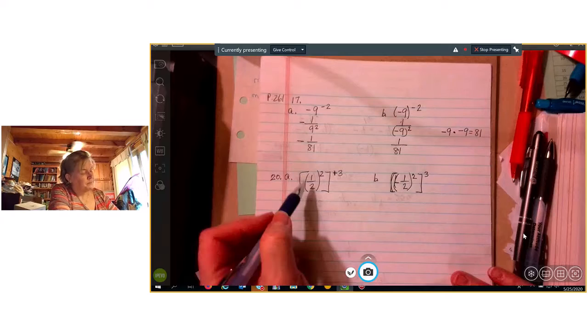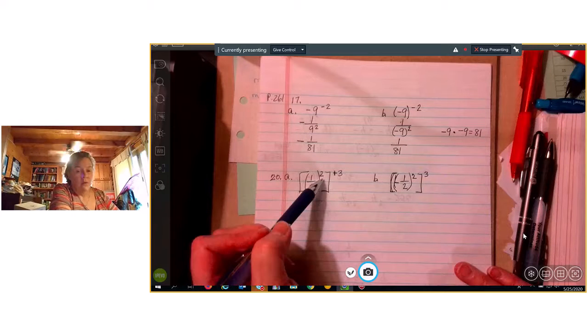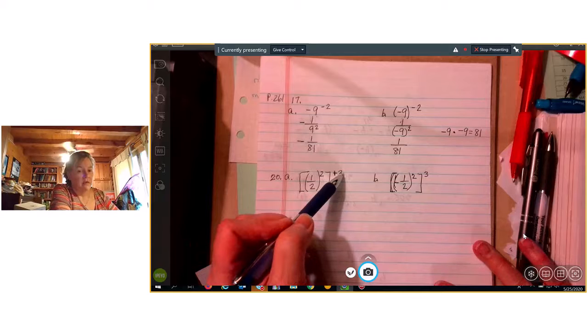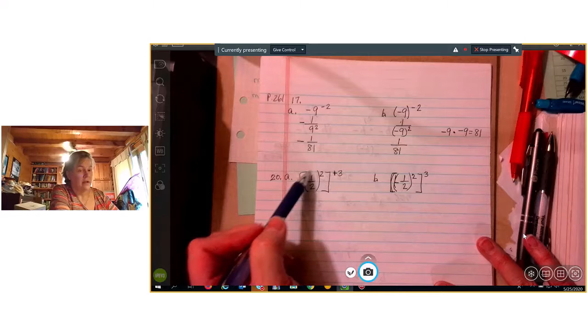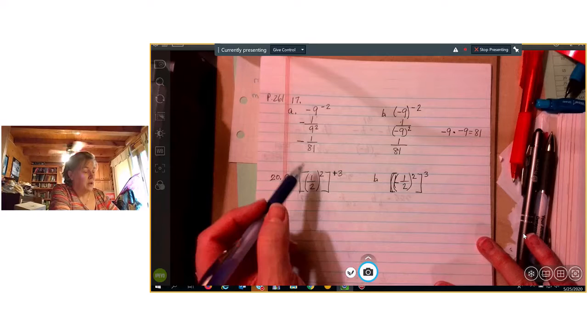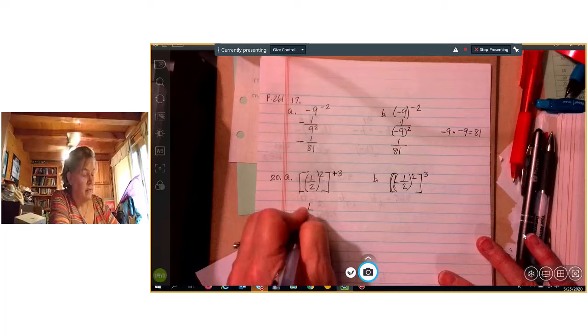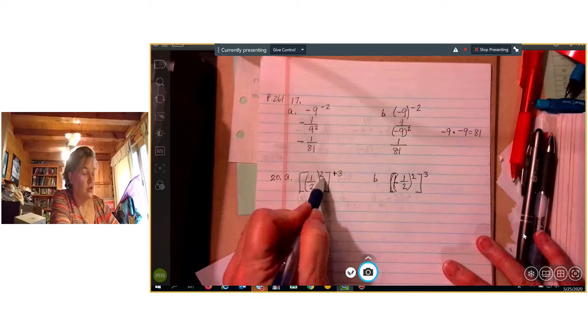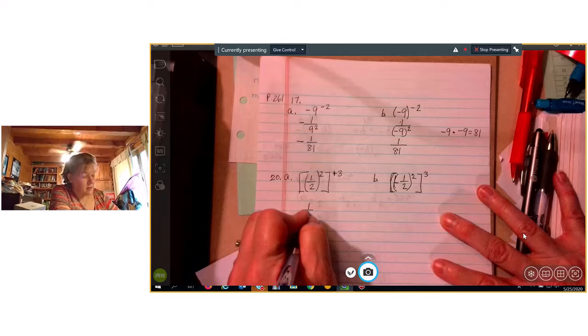So in this first one, I know that I'm taking a power and raising to a power. So all I want to do is just work with this. And I know it'll tell you to go from the parentheses and work out. But our parentheses are telling us we're going to keep this just like this at 1/2. Our exponents are saying that we have 2 times 3, which is going to be to the 6th.